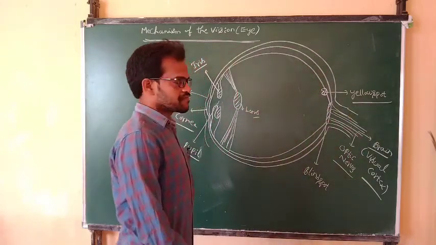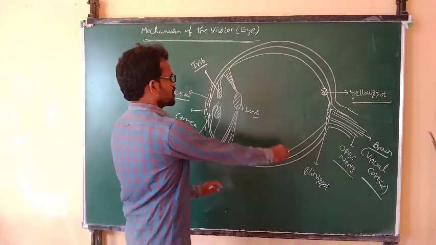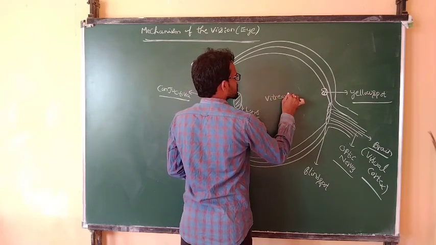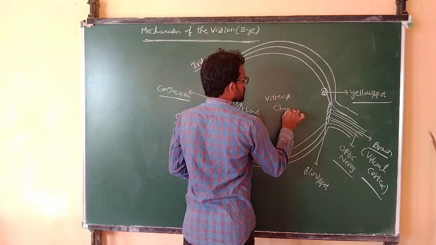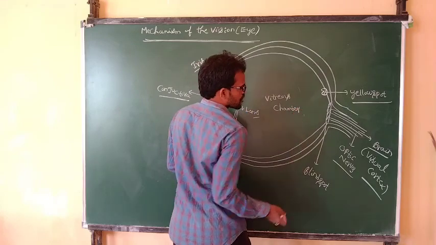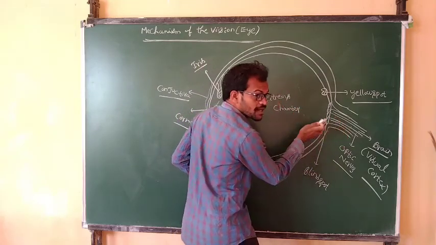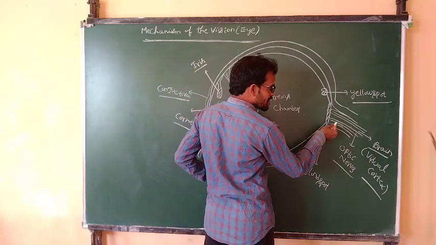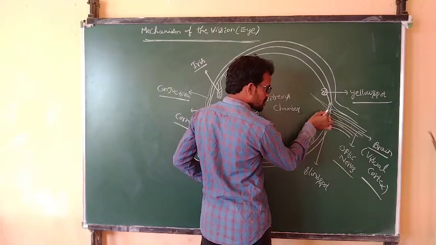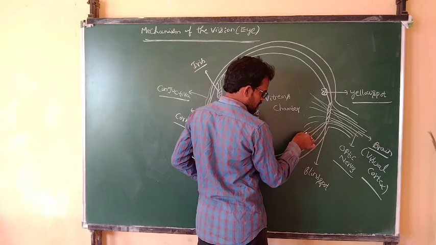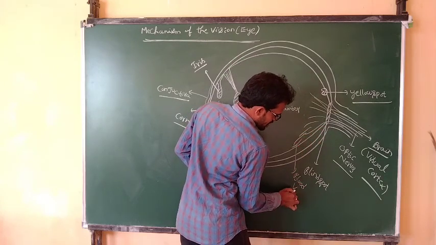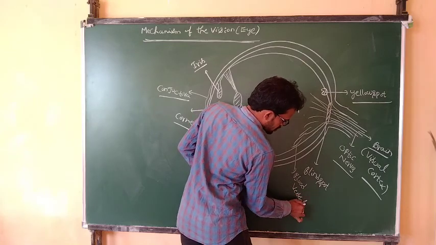Next is the vitreous chamber. At the blind spot, the optic neurons exit to the outside, and the blood vessels enter at this spot.